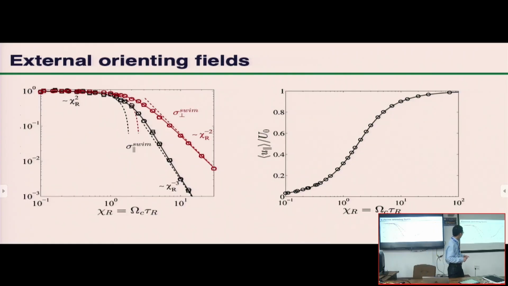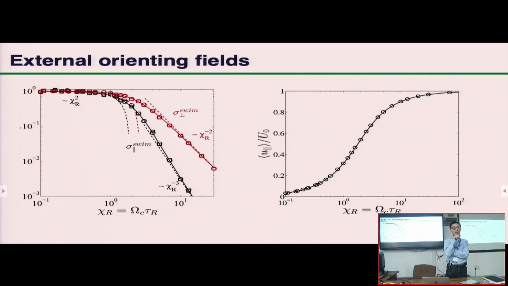So let's look at the plot here on the left. Here I'm looking at the long time effective diffusivity as a function of this field parameter. Again, when the field parameter is 0, I get back the result we had before, right? The question here is, when you have an aligning field, the diffusivity will become anisotropic because there's bias in the directions.